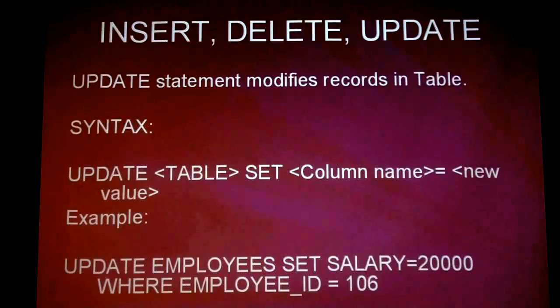In that case, we're saying update employees, set salary to a bigger value. This will be the new value, and then you specify the predicate. You don't want to increase salary for all employees. Here is an example: update employees, set salary 20,000, where employee ID 106. So employee 106 gets a 20,000 salary, the new value.